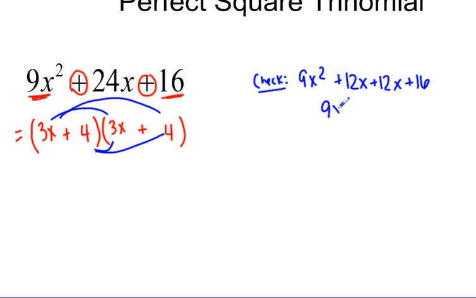And combining like terms together is when we will see our middle term from the problem, 24x. And we know that 9x squared plus 24x plus 16 matches our original equation. So our solution of 3x plus 4 times 3x plus 4 is correct. A second way that we can write this is 3x plus 4, the quantity squared.